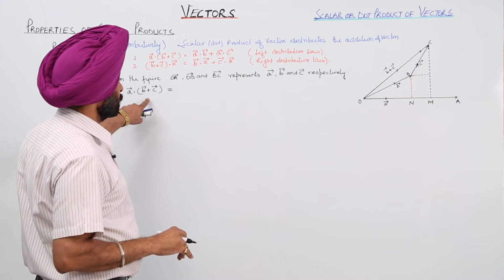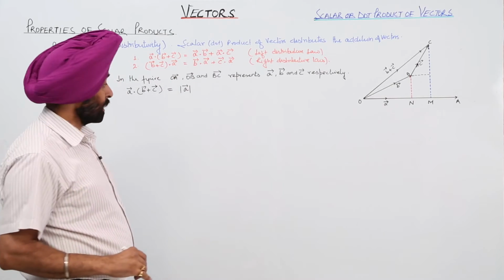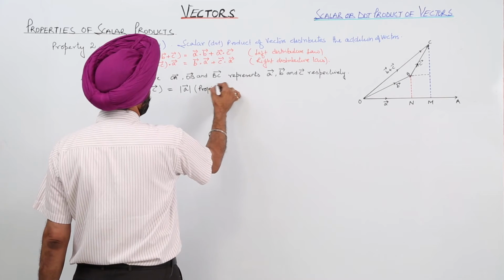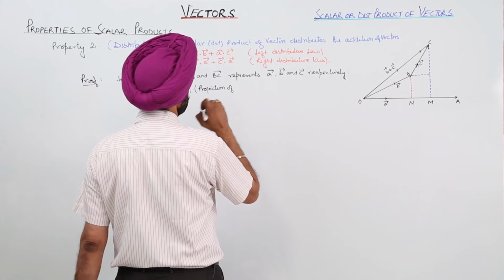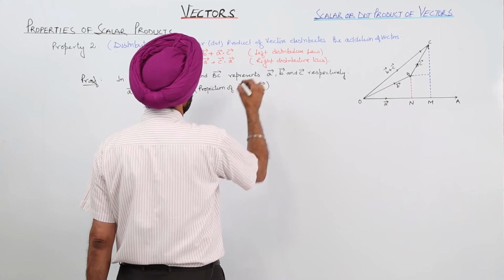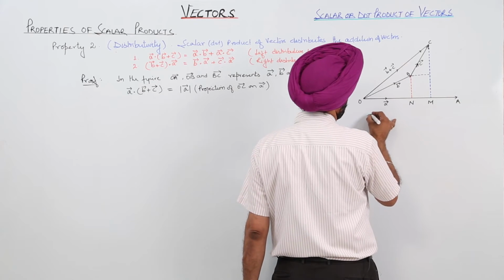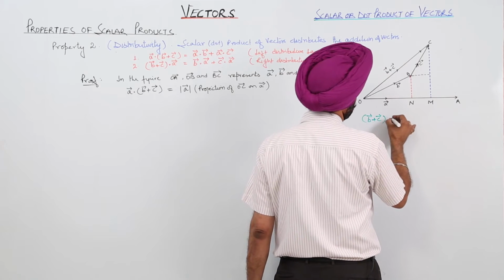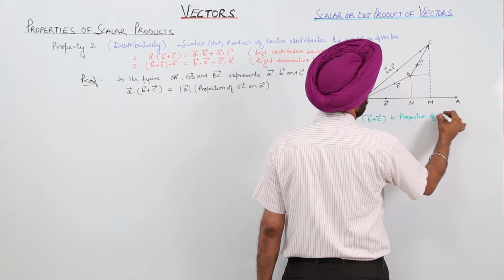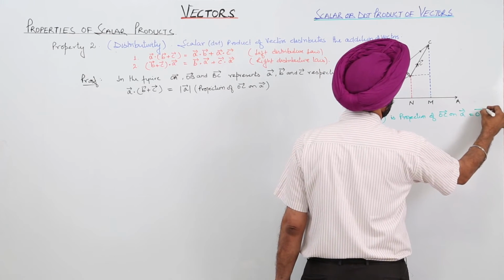Vector A dot (vector B plus vector C) is equal to magnitude of vector A times the projection of OC on vector A. Now the projection of vector B plus vector C, that is OC, on vector A is equal to OM.